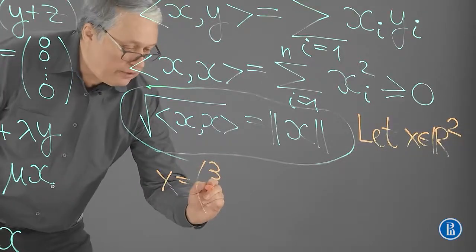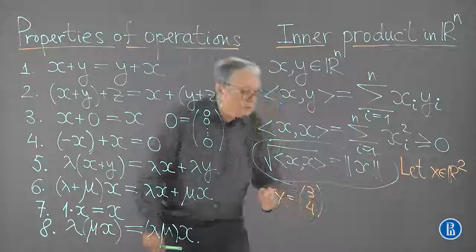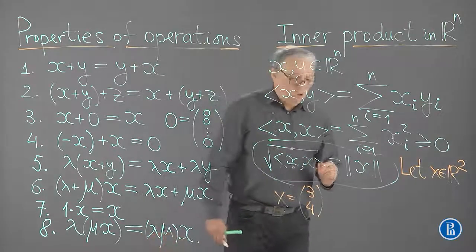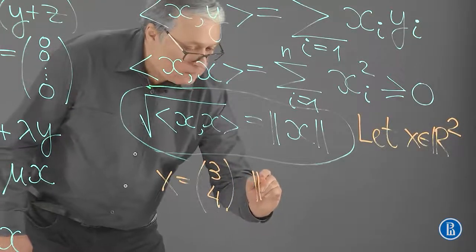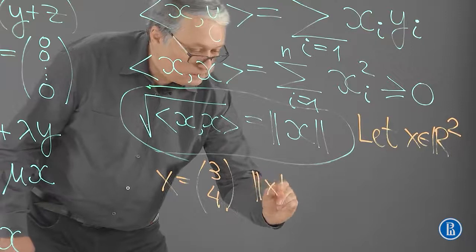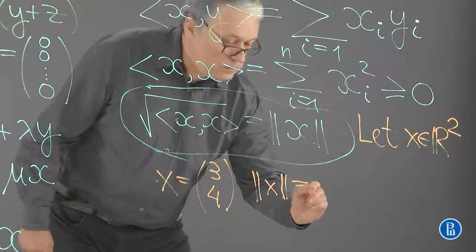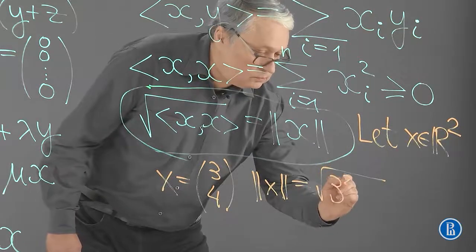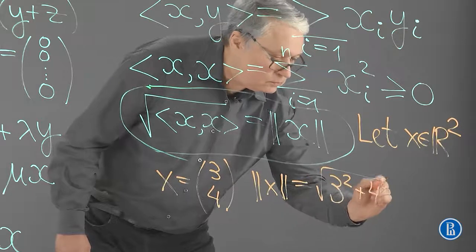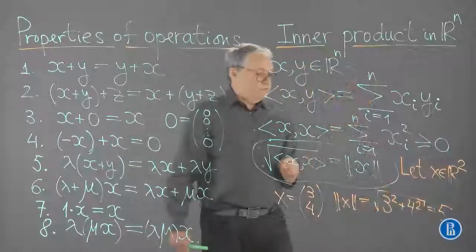This is a two-dimensional vector, the first coordinate being 3, the second being 4. What will be the norm of this vector? The norm of this vector will be the square root of the sum. So the length of the vector is 5.